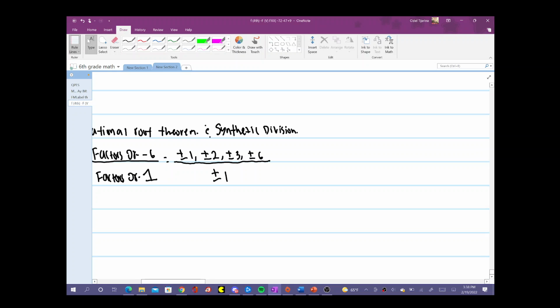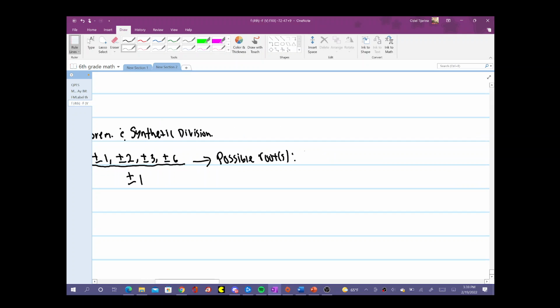So the possible roots are 1, negative 1, 2, negative 2, 3, negative 3, 6, and negative 6.